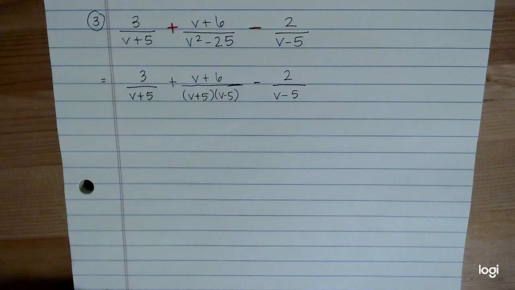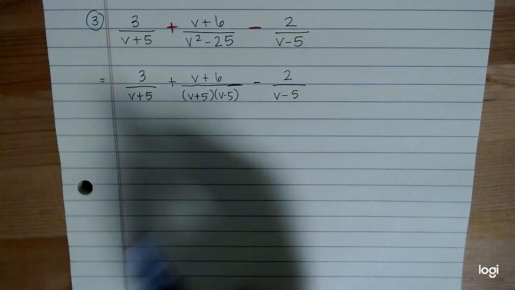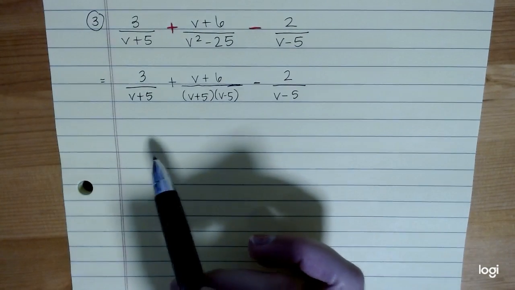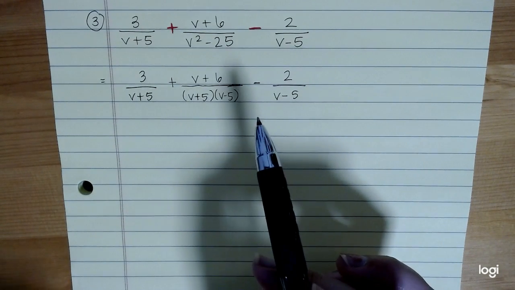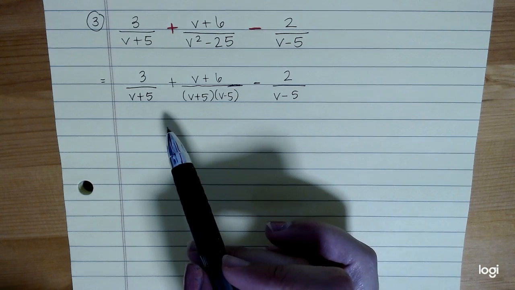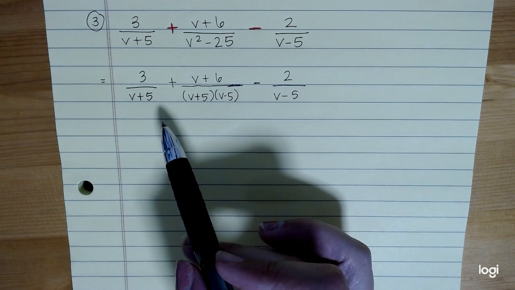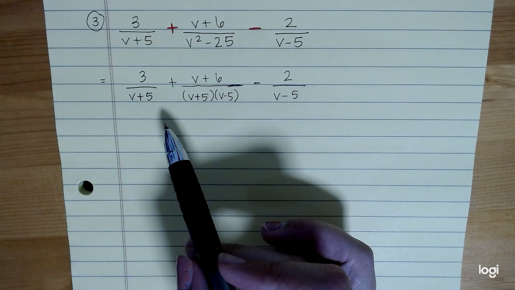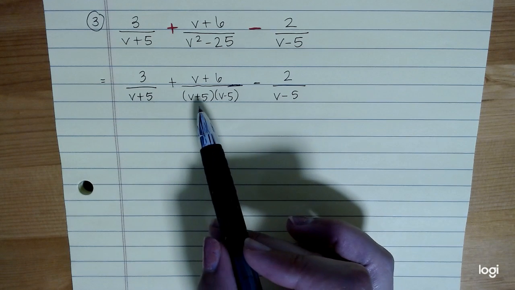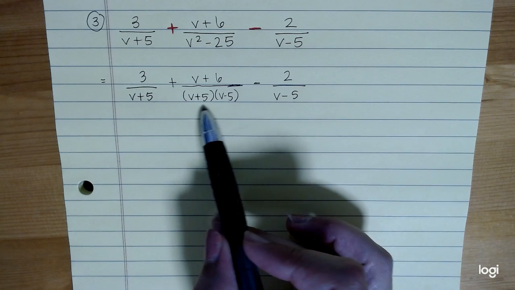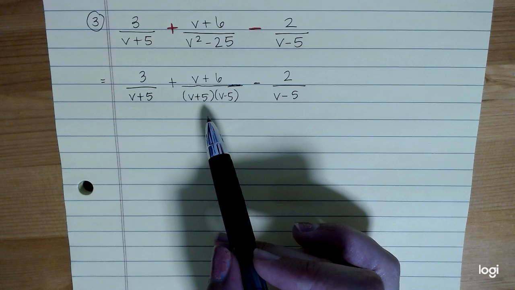Okay, so definitely still different. Just because we factored didn't mean that we made those denominators the same, but hopefully you're starting to recognize that the factoring revealed some underlying structure that's pretty interesting.